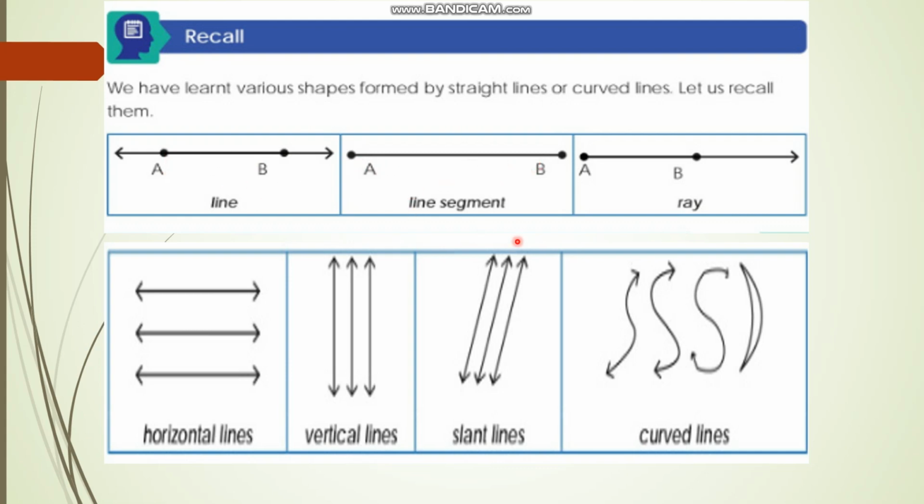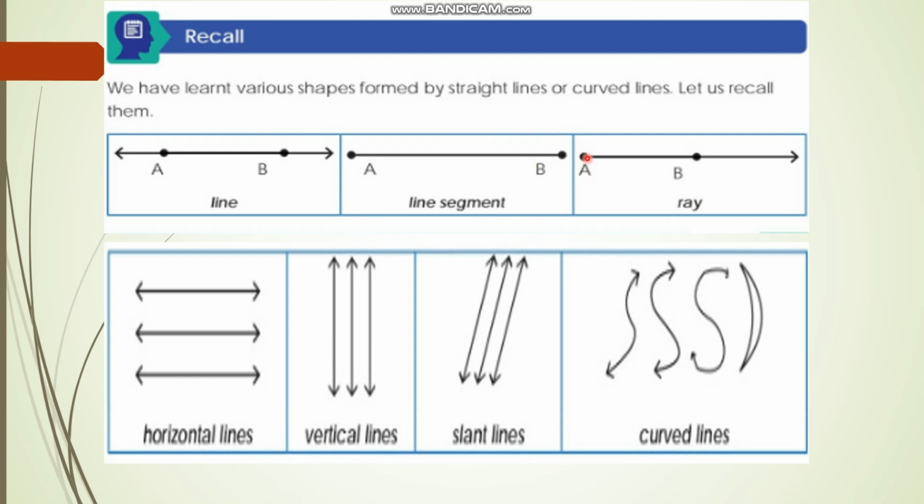It has two points, a starting point and an ending point. These two points are called the end points of this line segment. A line segment has an exact, definite length.